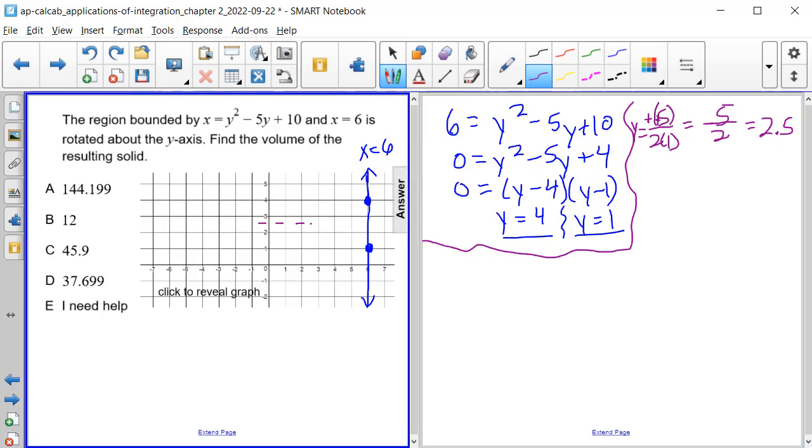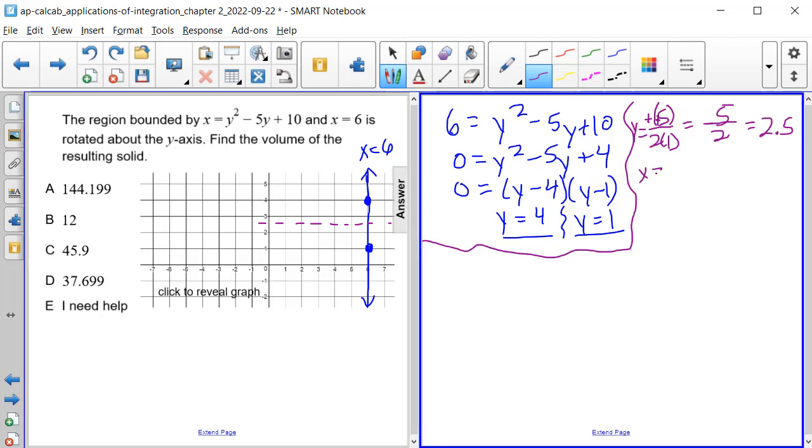So this is going to be our axis of symmetry in the parabola. And now we have to determine the x-coordinate when it crosses our axis of symmetry. If we substitute 2.5, or 5 halves, in for y and solve for x, we'll get that x is equal to 5 halves squared minus 5 times 5 halves plus 10.